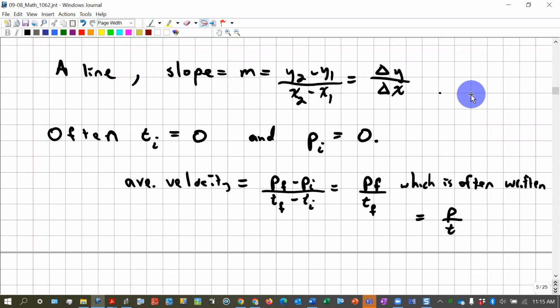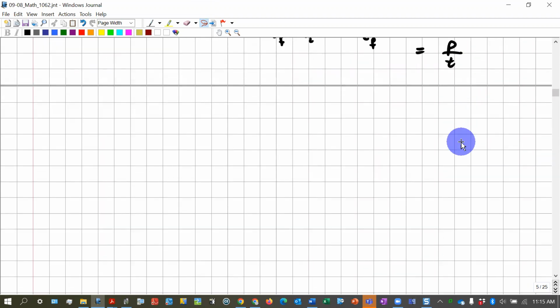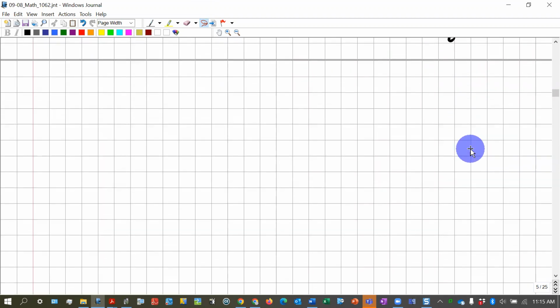If we allow for the speed to change over time, then instead of saying the actual speed is distance divided by time, we say the average speed is the change in the distance divided by the change in time. Okay, so I'm going to just let that sit in the background for a minute.